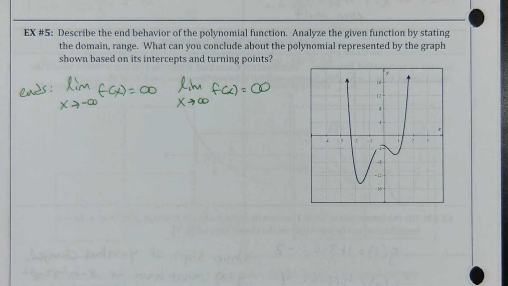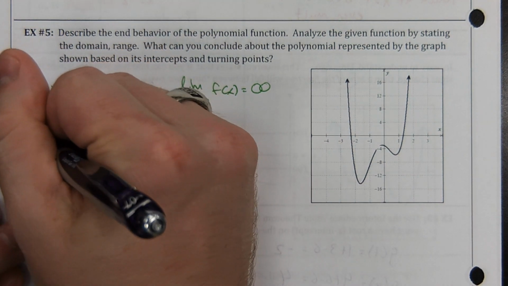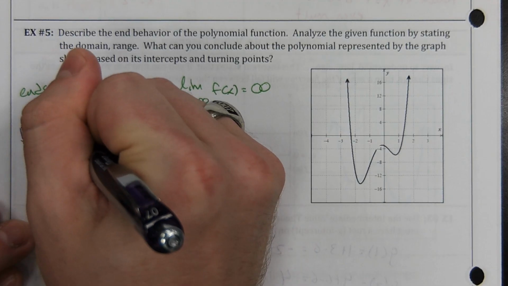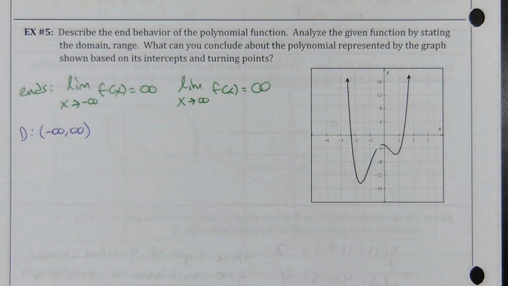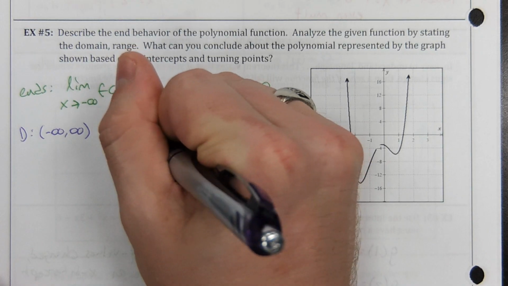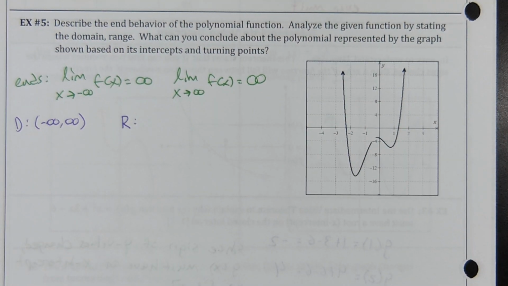All polynomials have the same domain. All real numbers. The endings point the same direction, guaranteeing us a global maximum or global minimum. This one has a global minimum.